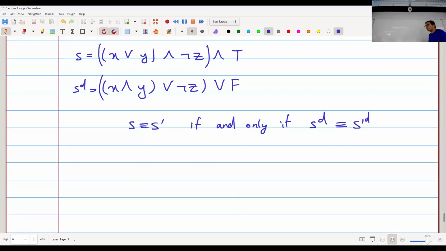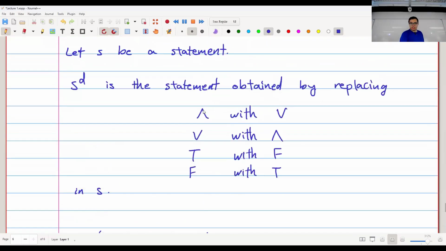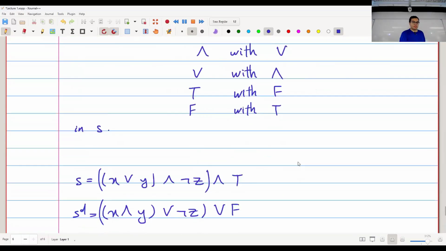By the way, the dual is not really the negation. The negation is a very different thing. Of course, if S is equivalent to S prime, the negation of S is also equivalent to the negation of S prime and vice versa. But I'm not talking about negation here, I'm talking about the dual. And the dual was something that I'm getting just by these replacements.